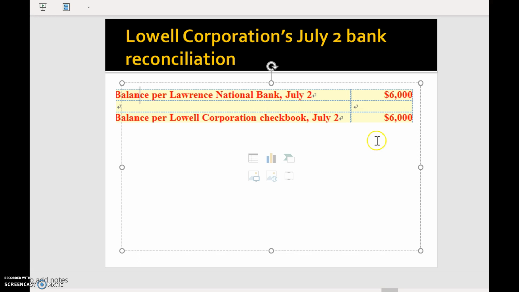It's just like on your checkbook, you have recorded $6,000 cash that belongs to you, and when you open your Bank of America app, it shows that you do have 6,000. So these two sets of records reconcile. They are the same. You can rest assured that you have the money and you could use it.